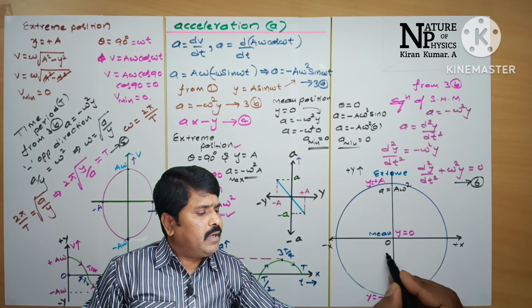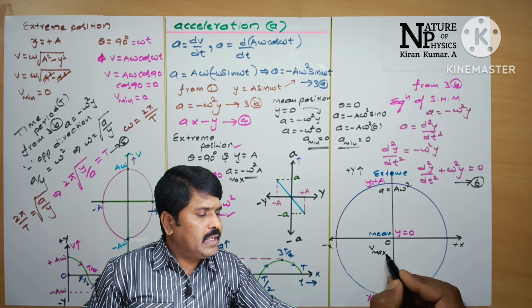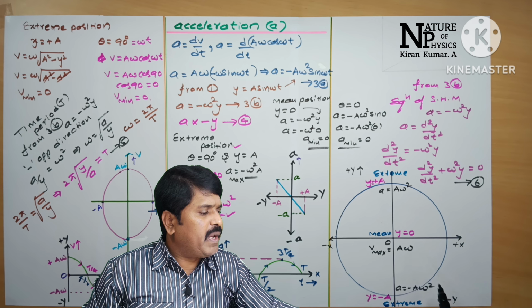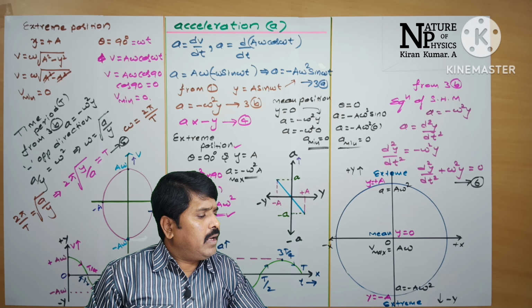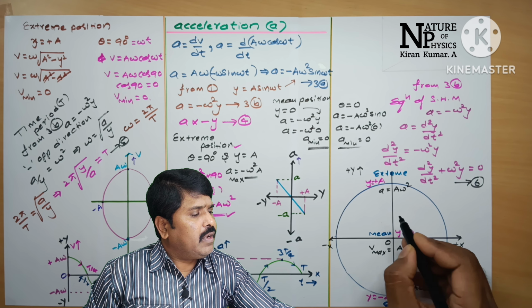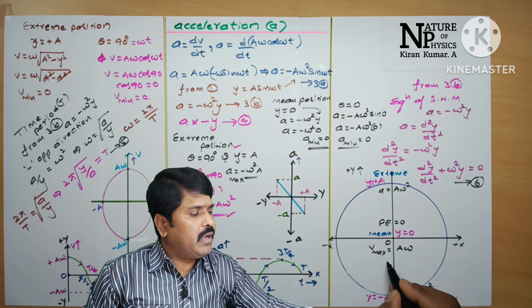At the mean position velocity is maximum, V max is equal to a omega, plus or minus we can write. And here potential energy is equal to 0. At the mean position potential energy is 0.